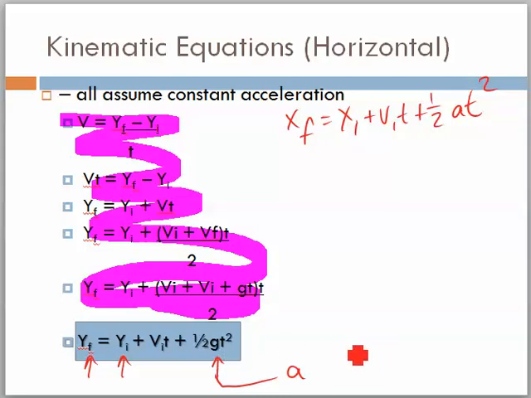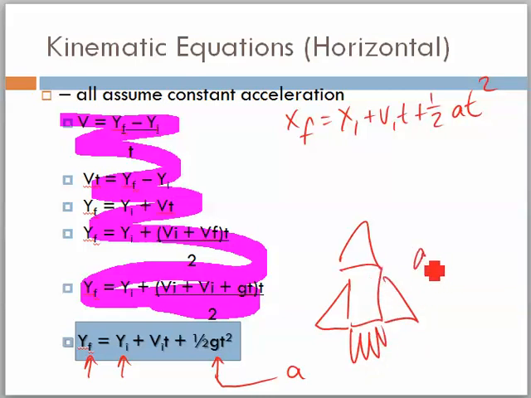But if we're talking about, for example, a rocket that's shooting up, it's got an engine, so it's not accelerating upwards at 9.8 meters per second squared. It's going to have its own acceleration, a very large number of meters per second squared. So we would use a in those cases instead of g. Once again, we use g for something that's falling, or something that's decelerating because of gravity.